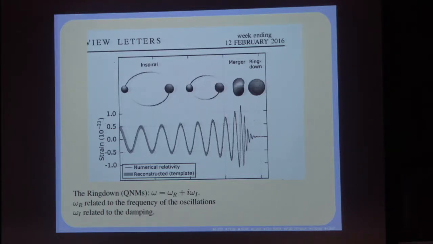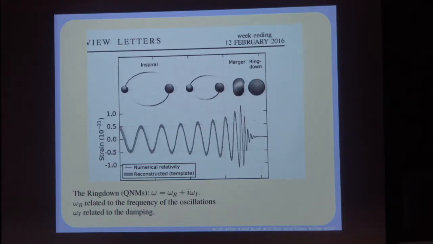So, for instance, these are the frequencies, or the eigenvalues, of the perturbation equation, and these are called quasi-normal modes because, for instance, in a black hole we don't have a closed system, right?